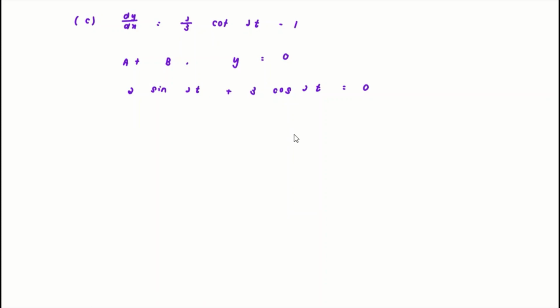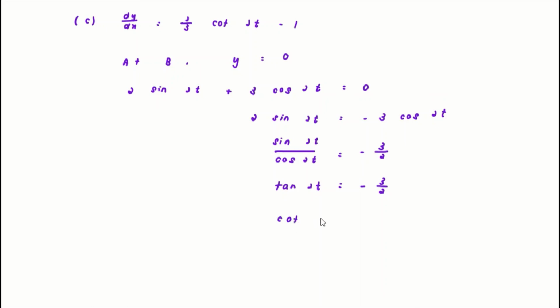After you reach here, let's put this to the right hand side. Okay, so you can see you get tangent 2t equal to -3/2. So what you need for dy dx is basically cotangent, so cotangent 2t is equal to -2/3.